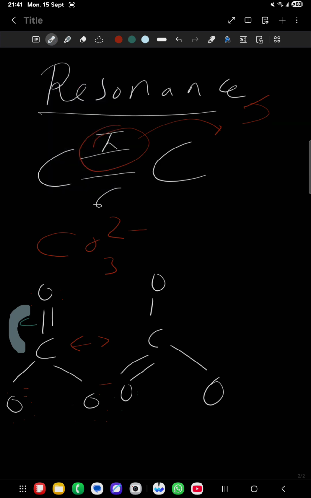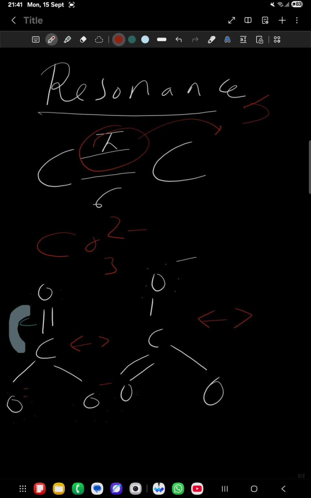When there is a shifting of electrons, here also you will have a double bond, 1 2 single bond, sorry, 3 4, and this will have a complete electron 5 6 and negative charge.